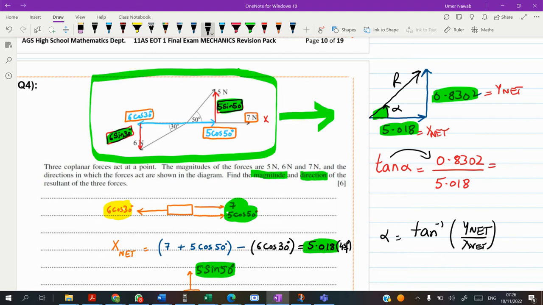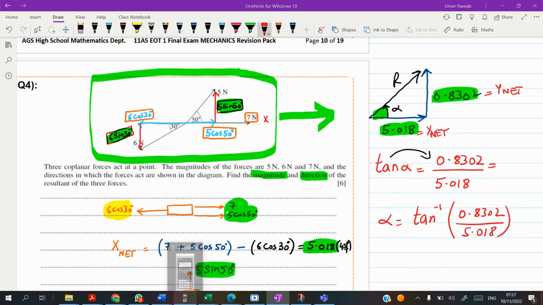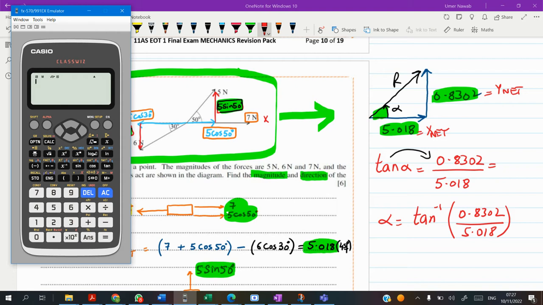Anyways, send the tan to the other side, and now you have alpha equals inverse tan 0.8302 over 5.018. Use the calculator now.